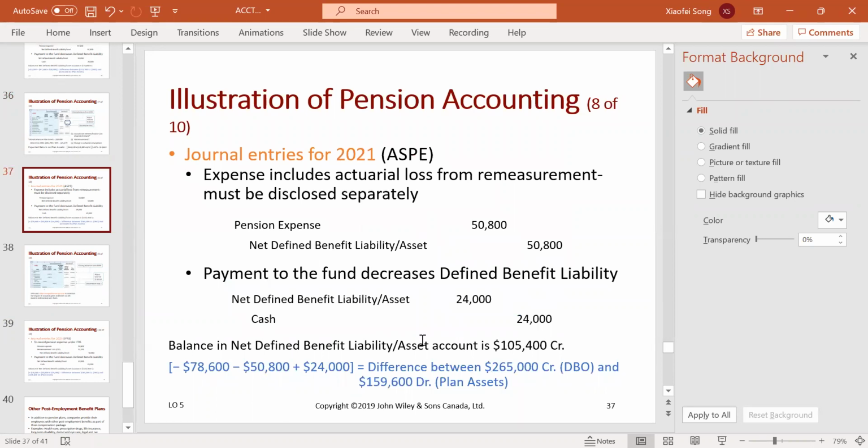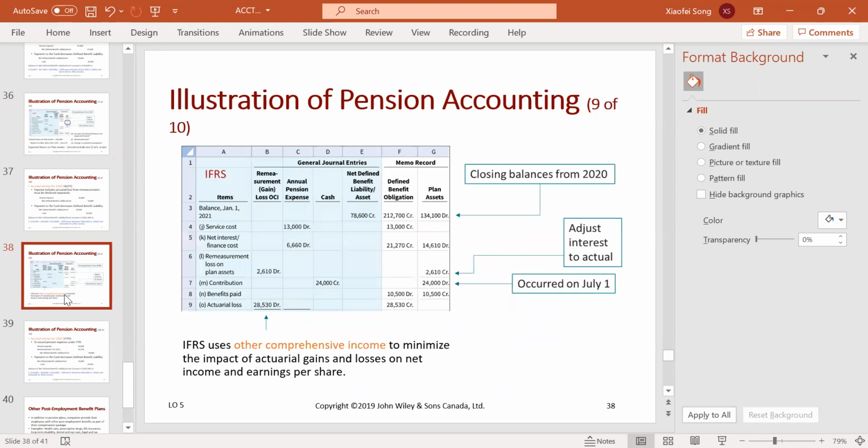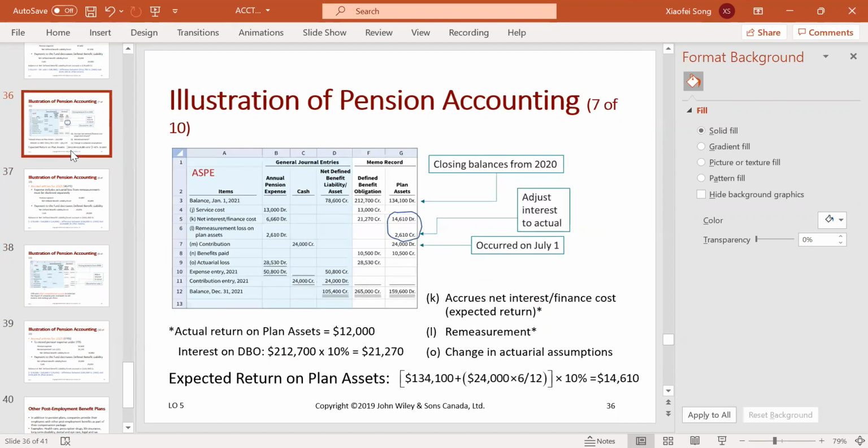As a result of that, the defined benefit obligation would have a credit balance of $105,400.